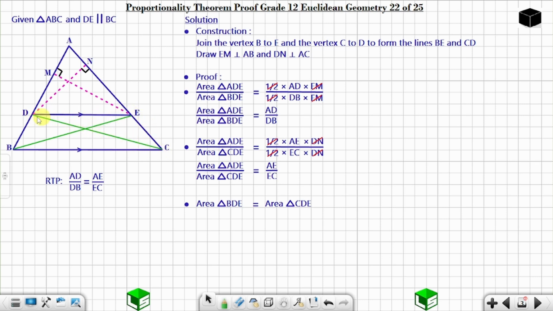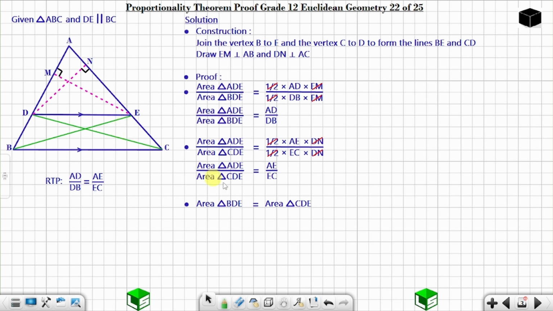Okay, why? Can you see? If you choose DE as the base for both triangles and the height is also equal, so the area of this triangle is equal to the area of this triangle.